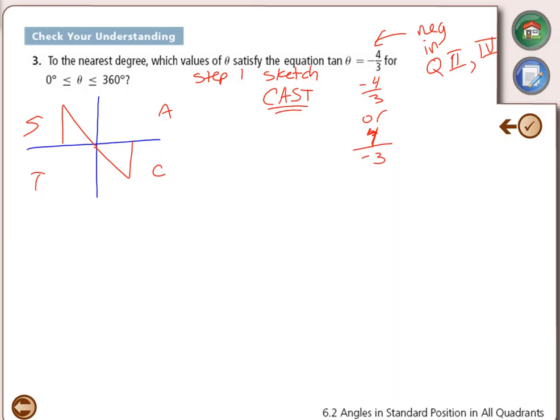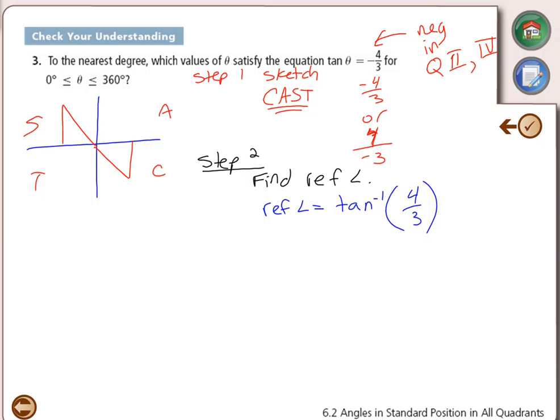Step number 2: find the reference angle. We find the reference angle by taking the inverse tan of the positive value. Notice that? That's not a mistake.